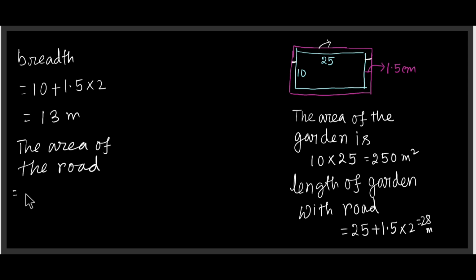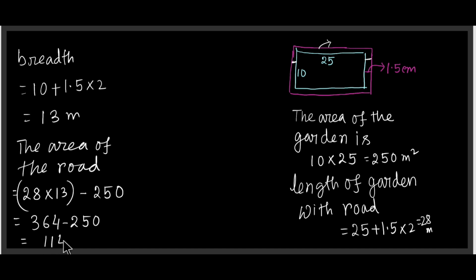Red rectangle is 28 into 13 minus the area of blue rectangle. We have 250 meters square. So now this will be 364 minus 250, and it must be 114 meters square.